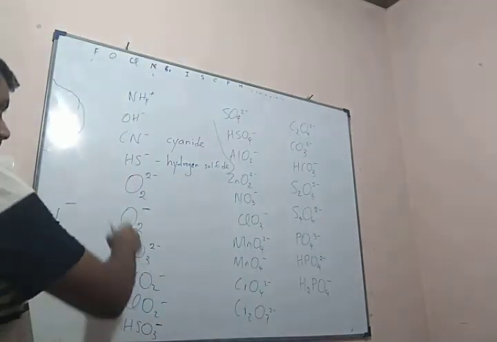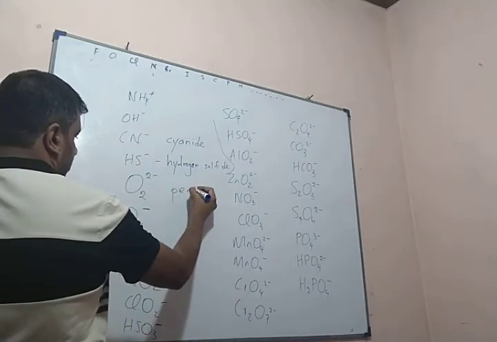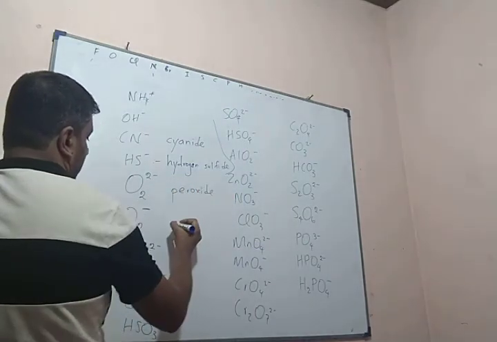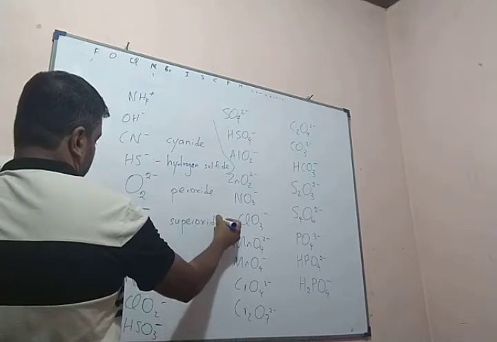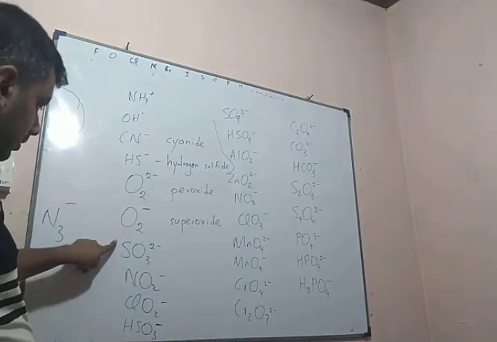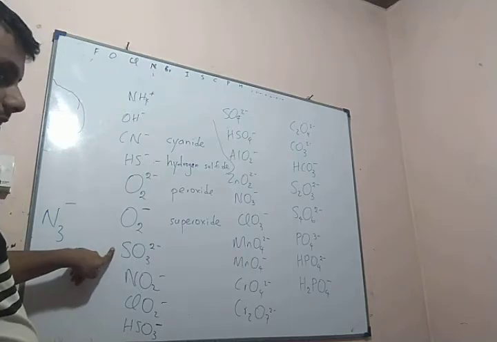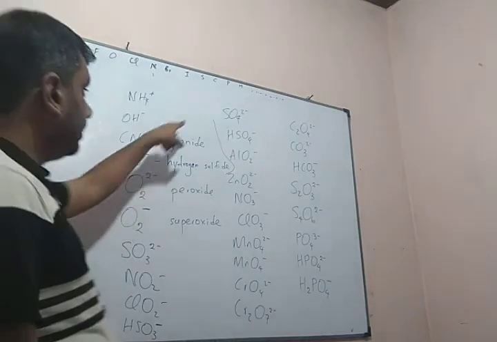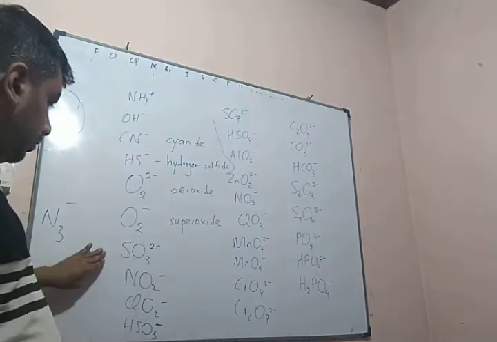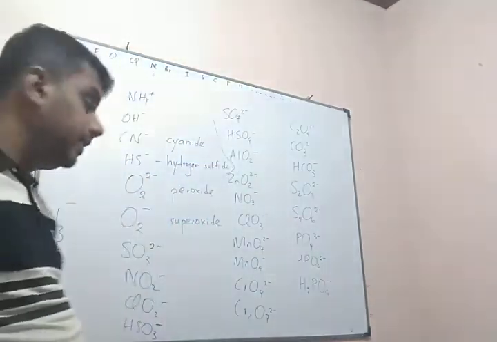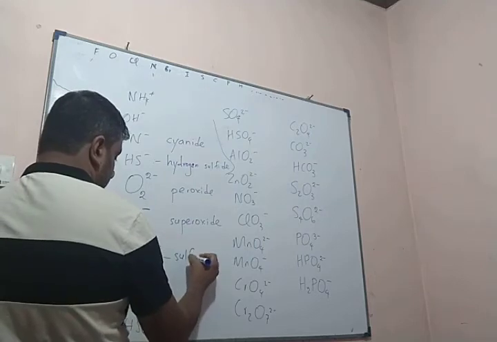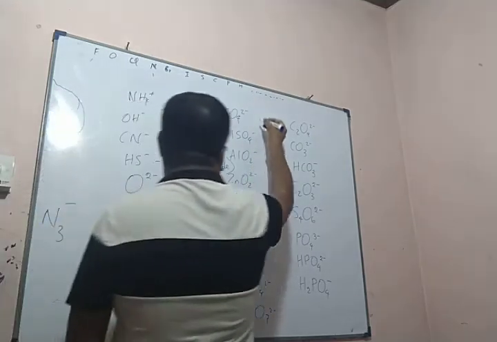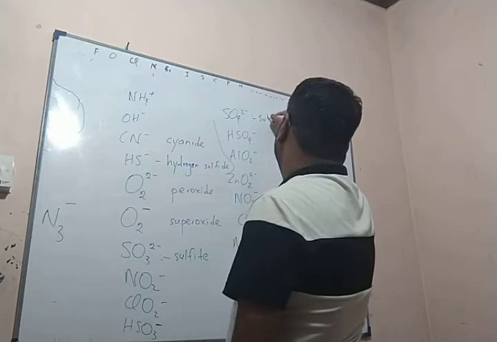This is peroxide, superoxide. Okay, SO3 2 minus. Let's study together: SO3 2 minus and SO4 2 minus. What's the name? This one is sulfite. This one is sulfate.